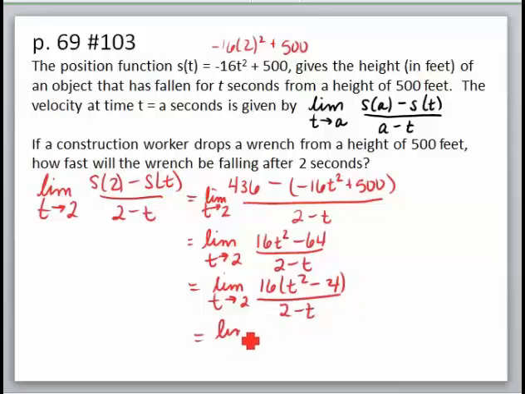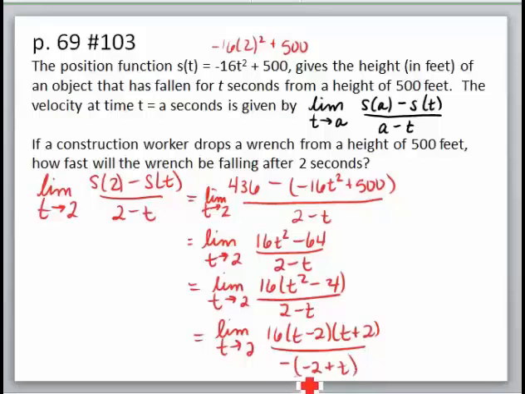On the top then, I can factor again, and I get 16 times t minus 2 times t plus 2. On the bottom, I almost have what I have. On the top, I just need to take out a negative. And now I can cancel the t minus 2's. Plug in my 2, and so I'd have 16 times 4 over negative 1, which would give me a negative 64 for my velocity.